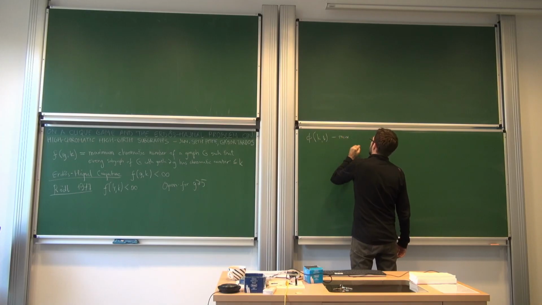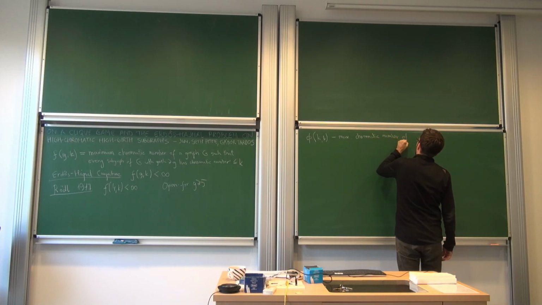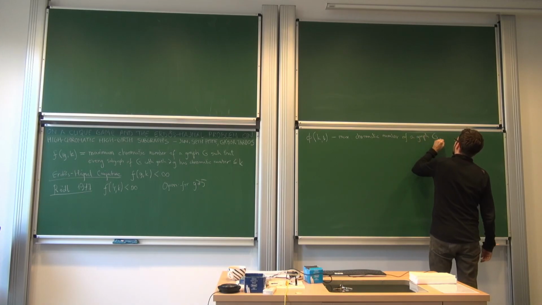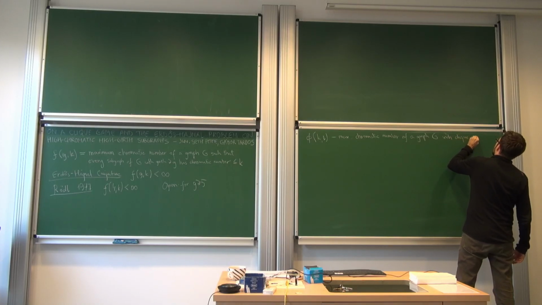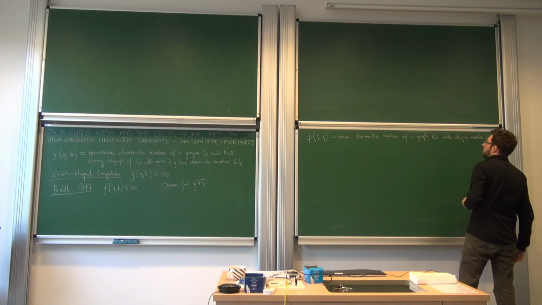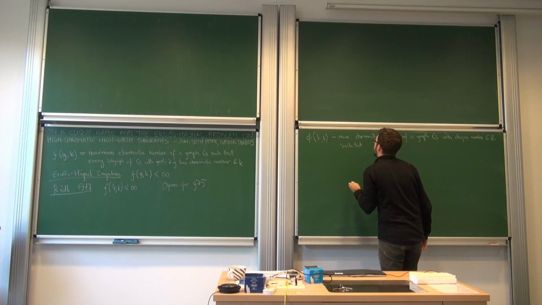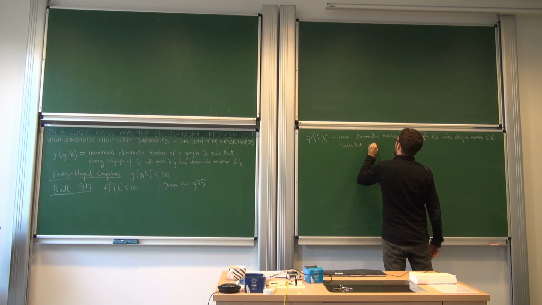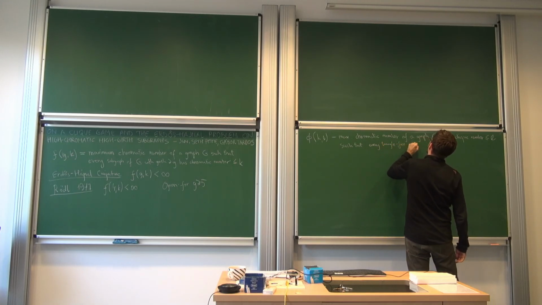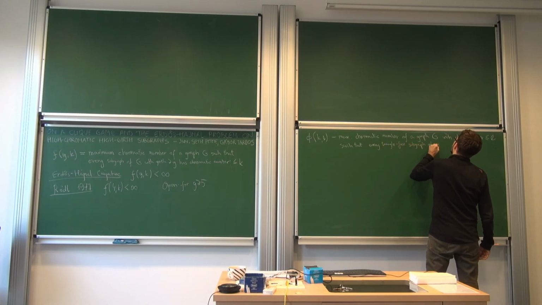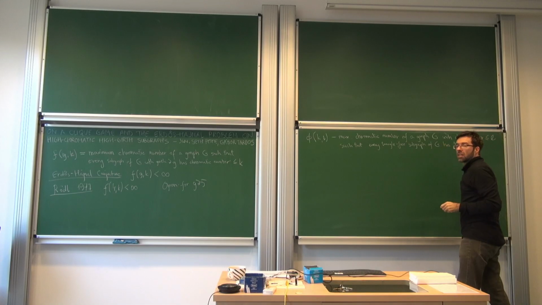So this will be the maximum chromatic number of a graph G with clique number at most l, such that every triangle-free subgraph of G has chromatic number at most k.